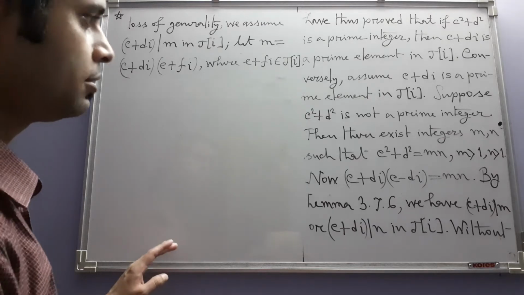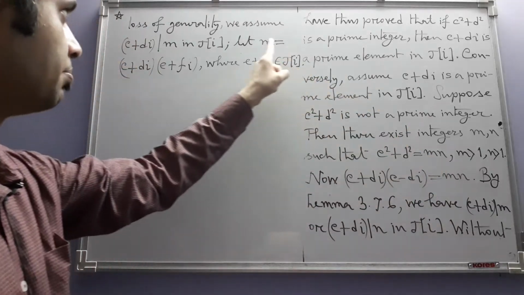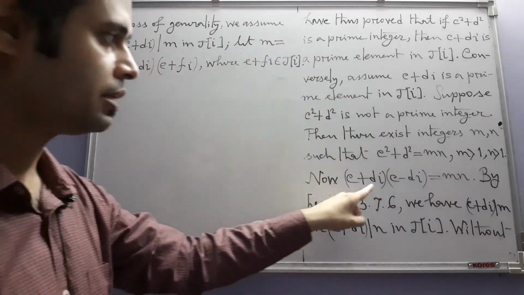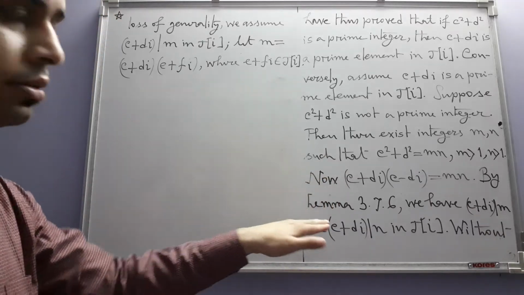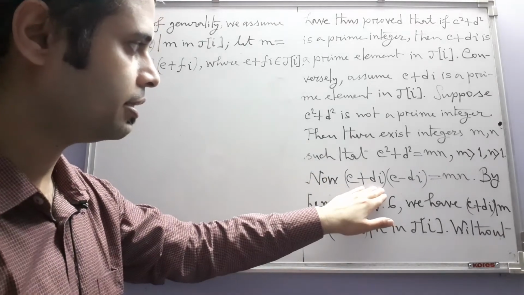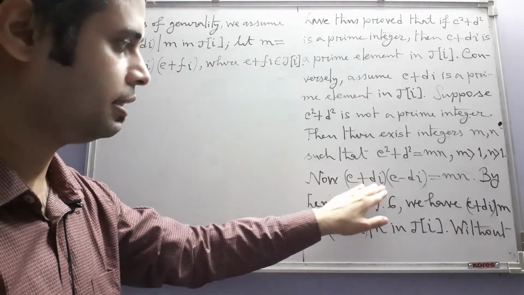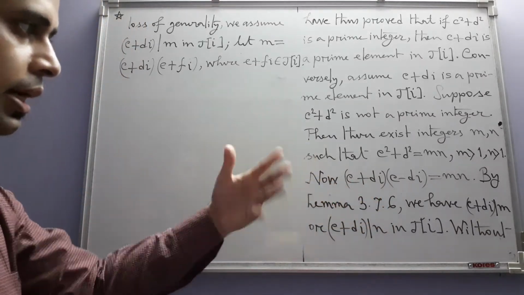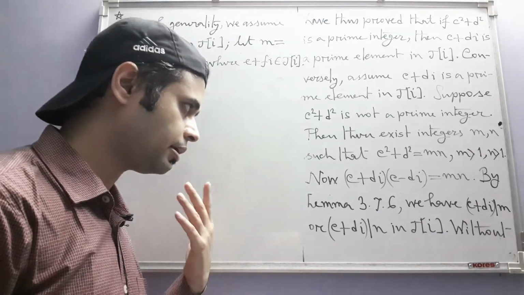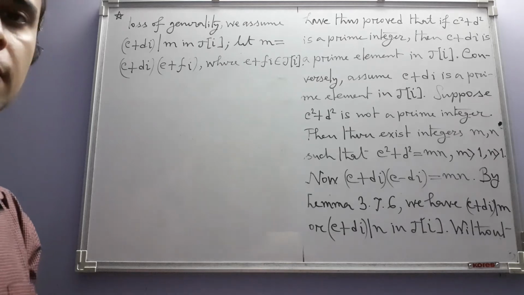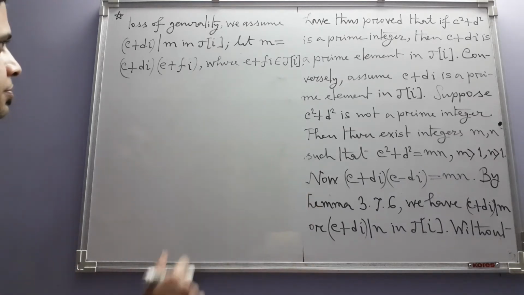Then what do we get from this equation? If we replace m by this one, we can cancel C plus di from both sides. Why? Because C plus di is a non-zero element in Ji, and Ji being a Euclidean ring is an integral domain, and in an integral domain that type of cancellation is available with respect to multiplication.